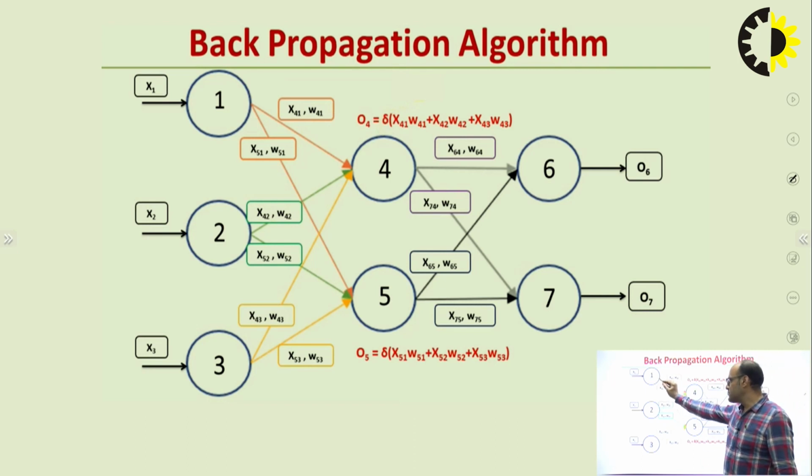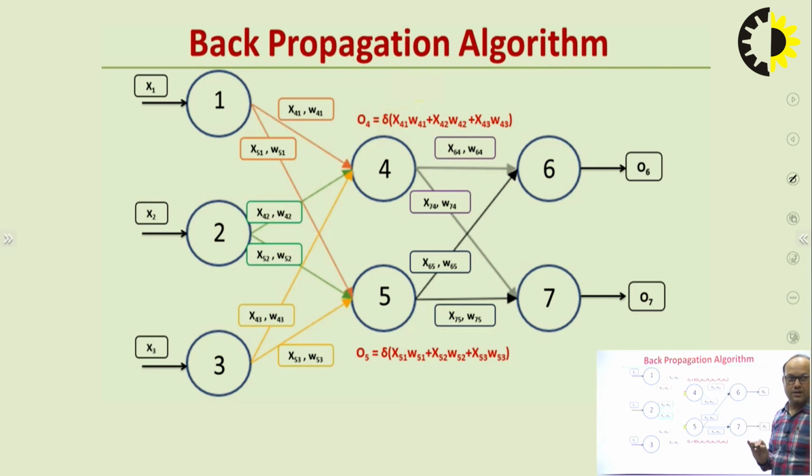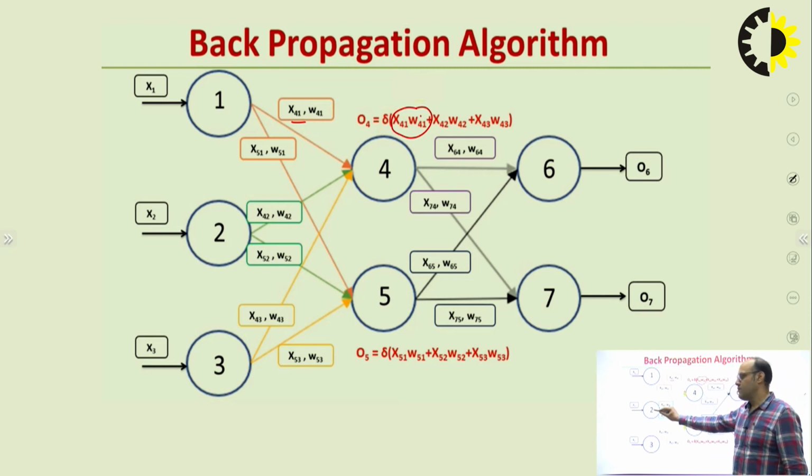When the input comes from the input layer and is taken by the hidden layer, it will be calculated as a linear function. We will do a summation. How will it be done? Summation of x4i multiplied by w4i. This is the first term I have written here. Plus the input from the second processing element to the hidden layer, x42 multiplied by w42.